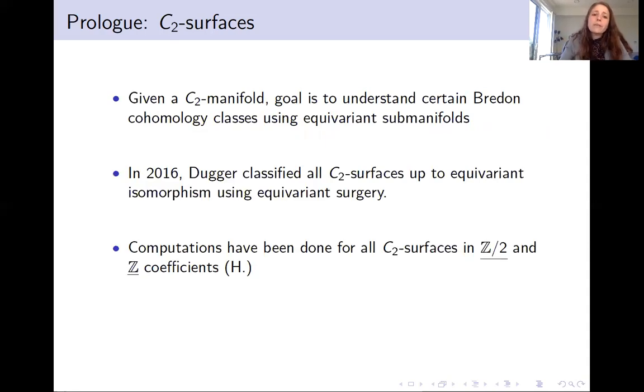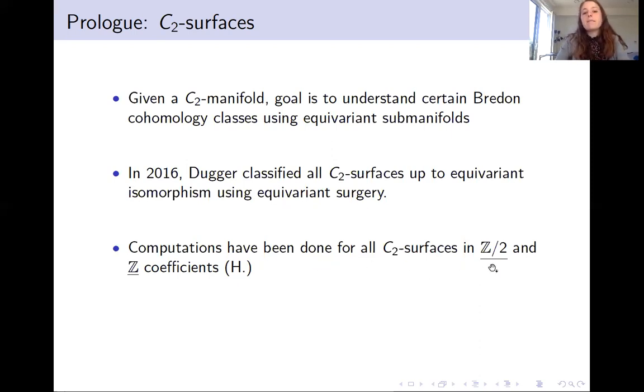So giving some background, in 2016, Dan Dugger classified all C2 surfaces up to equivariant isomorphism using equivariant surgery. Using his classification, I was able to compute the cohomology of all C2 surfaces in both constant Z2 and constant Z coefficients. And these computations are as modules over the cohomology of a point.